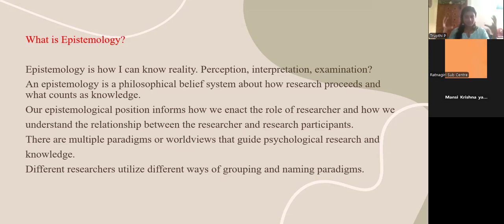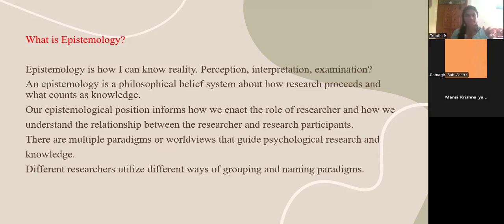Like I said, a paradigm is viewed as a sunglass that helps you see the subject. Different people utilize different ways of grouping and naming paradigms, that is to say, each one to his own. All our schools in psychology have their own paradigms: there is a behaviorist system, an existential system, a humanistic system.